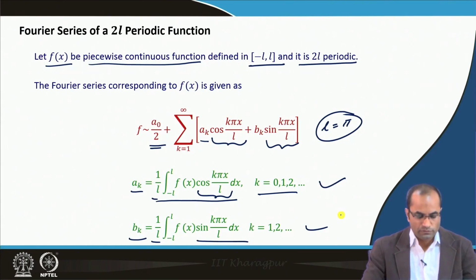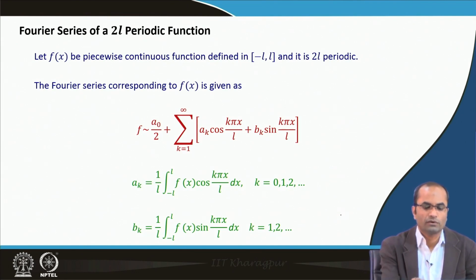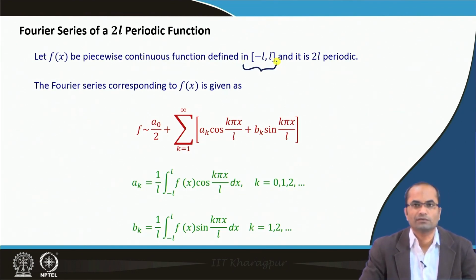So, this is a more general case, for any 2L periodic function or a function defined in minus L to L, for which we can write down the Fourier series.